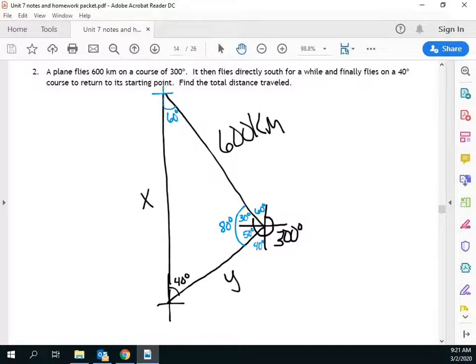And now it doesn't really matter if we get X or Y first, as long as we get one or the other, right? But we have to get both. So let's go ahead and start with X, just to go alphabetically.